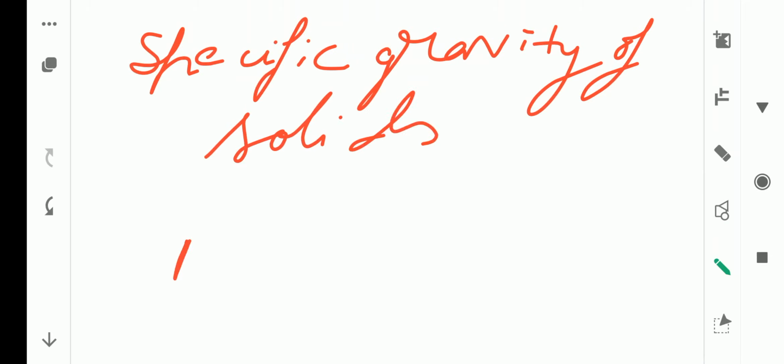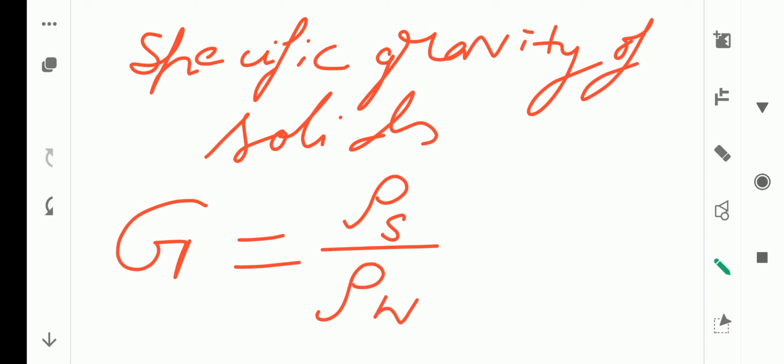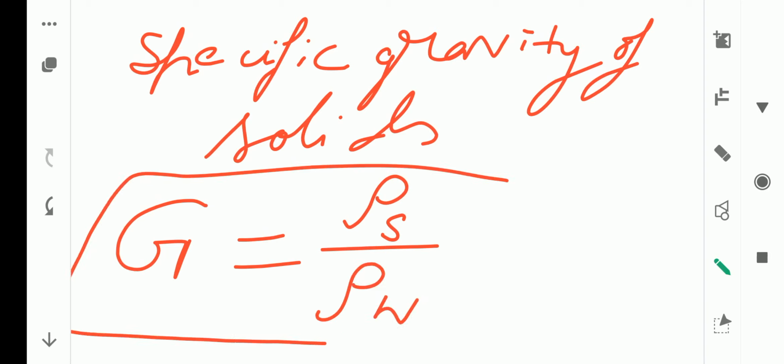Specific gravity of solids is denoted by G, and it is the ratio of mass of a given volume of solids of soil to the mass of an equal volume of water at 4 degrees centigrade. Mass of a given volume, what does it mean? That means density of solids divided by density of water. So this is how we define specific gravity of solids, right?